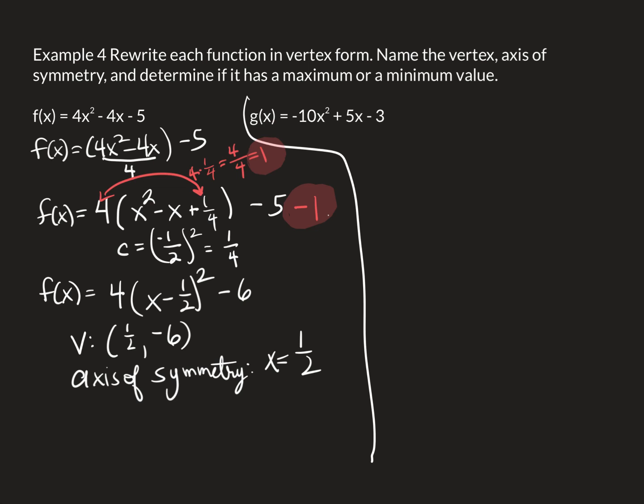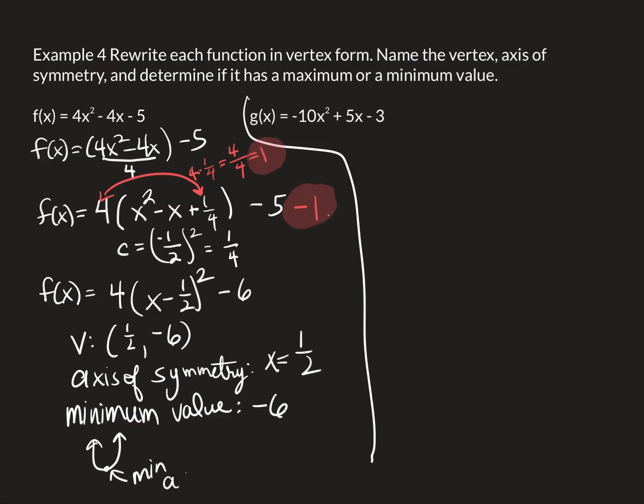And then this one has a minimum value because a is positive, it'll point up, and that minimum value is the y-coordinate of the vertex, negative 6. Minimum because it points up.